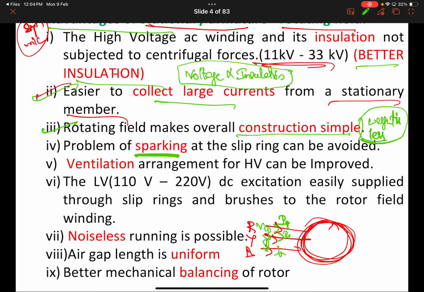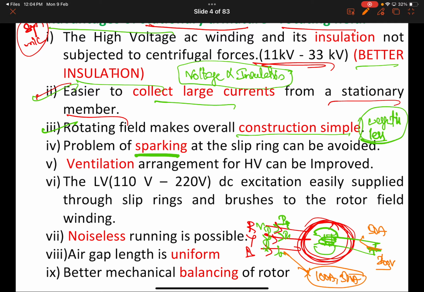If I assume these as the field poles, this DC supply will be around some 200 volts and the current will be some 50 amps. Let's assume that. Whereas the stator current will be in terms of 100 amps or 500 amps.